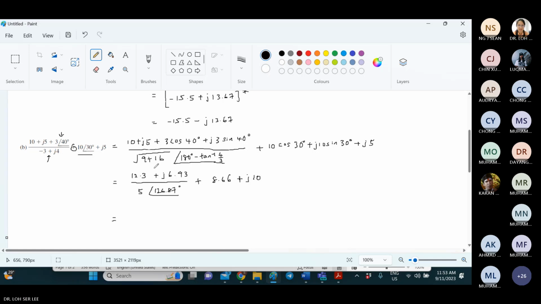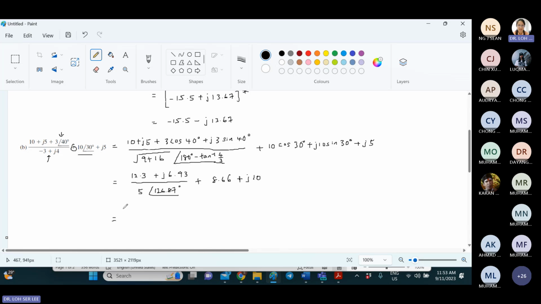Okay, so this one you change into polar form. You use calculator. If you are familiar enough, actually you can use your calculator to calculate directly for the R. The R is the square root of the square of this plus the square of this.